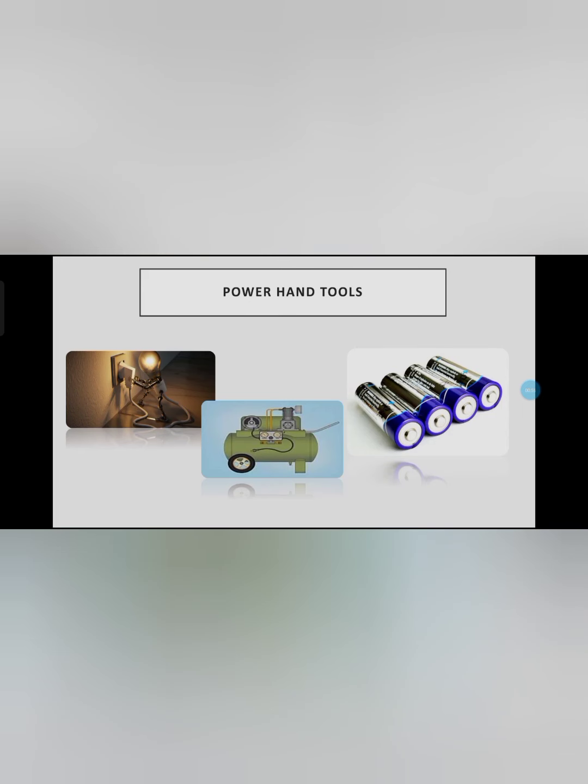Whereas power hand tools are operated by different types of power source, such as external and internal sources. Examples of external sources are electricity and compressed air. Examples of internal sources are a battery pack or an internal combustion engine.